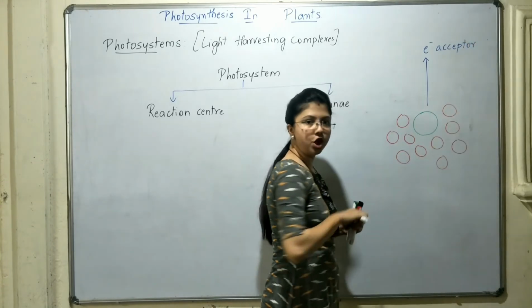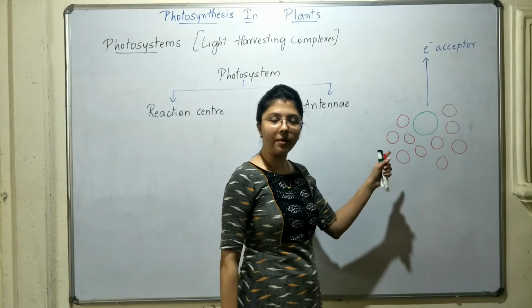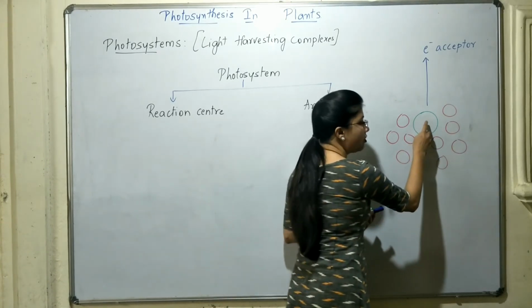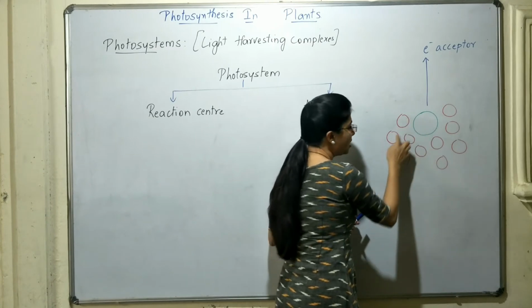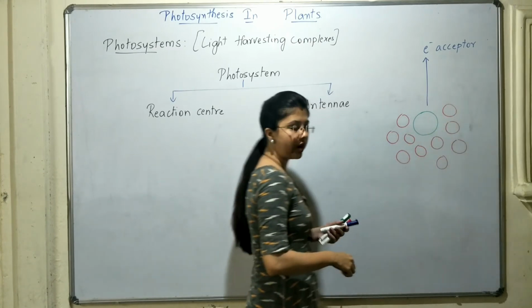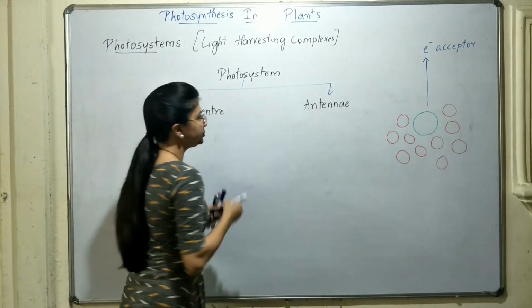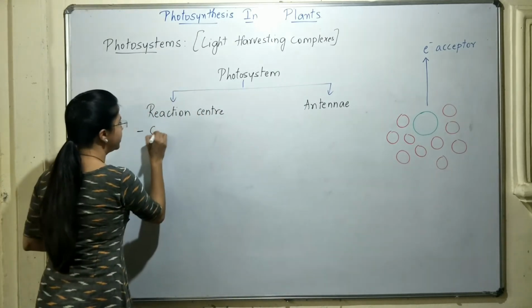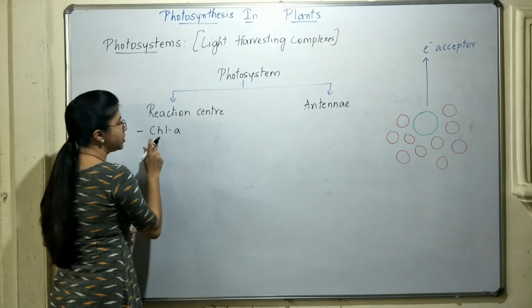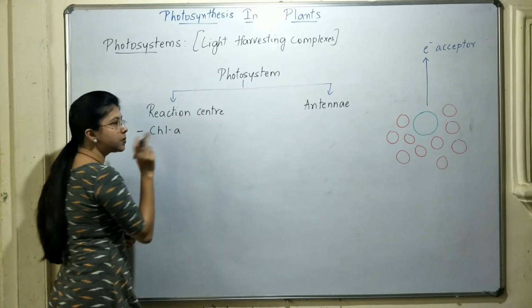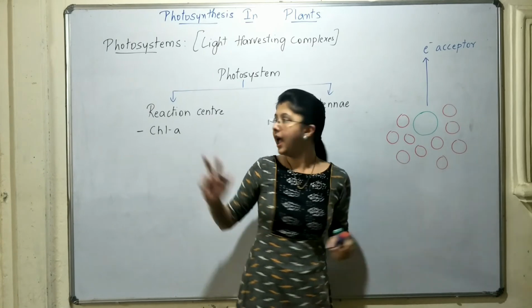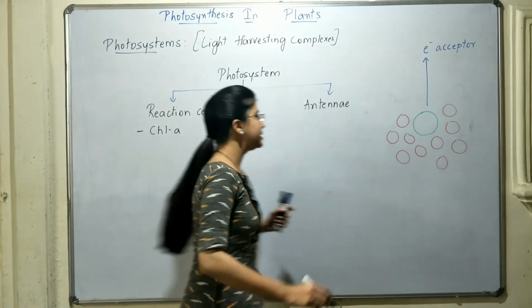This is the complete light harvesting complex, which consists of the photopigments as well as the protein molecules associated with it. There will be a reaction center and the other antennae regions, right? Now, the main pigment present in the reaction center is chlorophyll A. So chlorophyll A molecule is present at the center of the light harvesting complex and forms the reaction center.